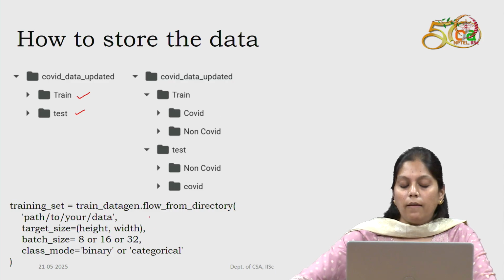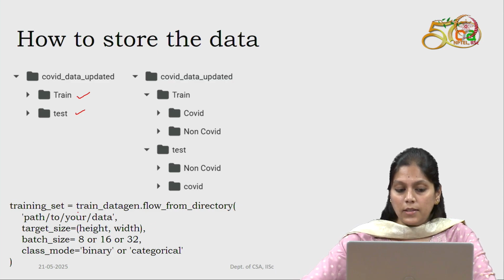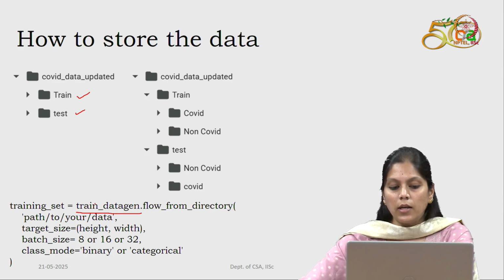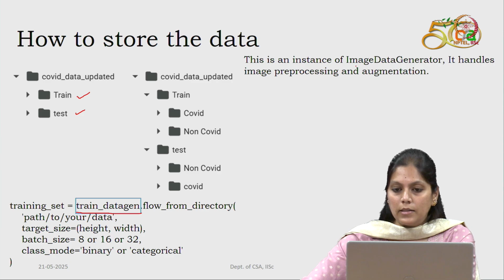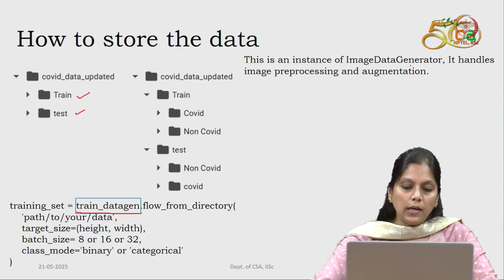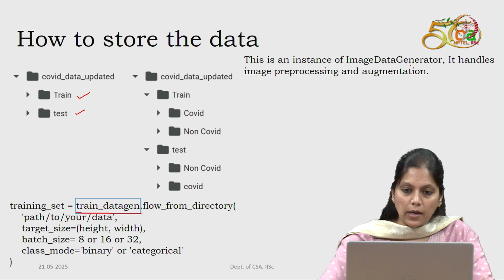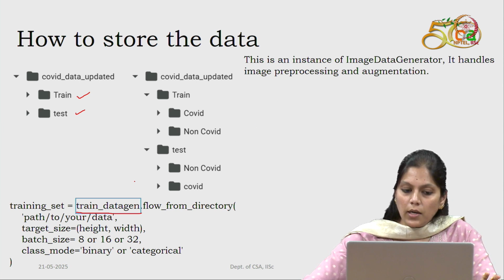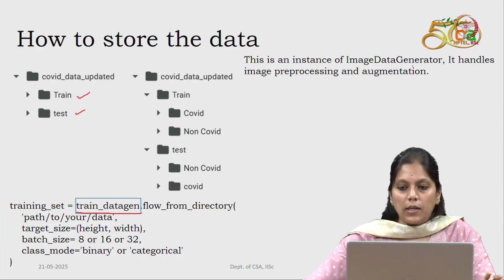Therefore, first we have train_datagen. What is this train_datagen? This is an instance of ImageDataGenerator. What is ImageDataGenerator? It is mainly used for pre-processing and data augmentation, right? So train_datagen is a part of this ImageDataGenerator.